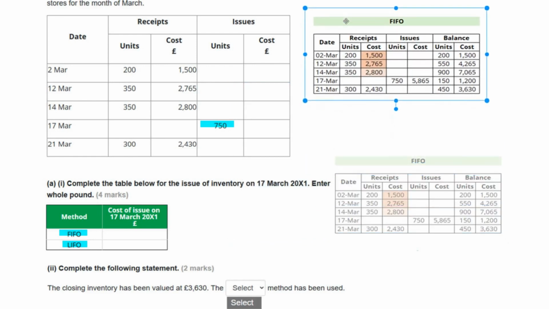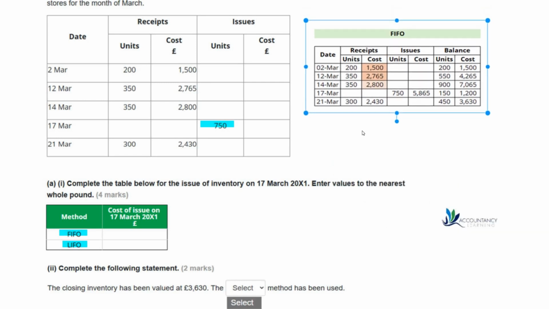So let's have a look at what's going on under FIFO. FIFO is first in, first out. So that means this issue, we're going to start taking stock from the top. The first items that arrived are going to be the first that are issued. So we need 750.